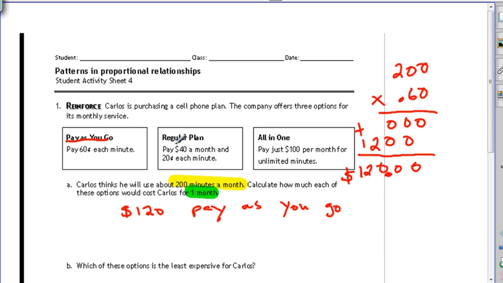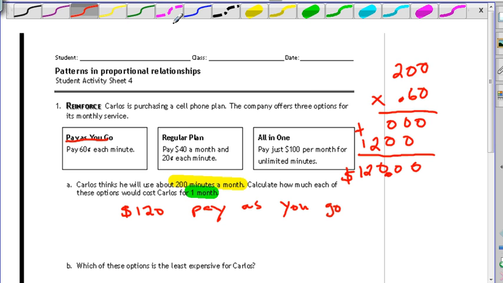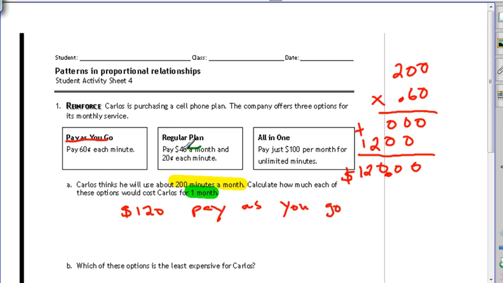Now let's do our regular plan. So for this one, I pay $40 a month, and it's going to be 20 cents each minute. I'm going to write this in green font. So this one will be in green, right here, this is for regular.